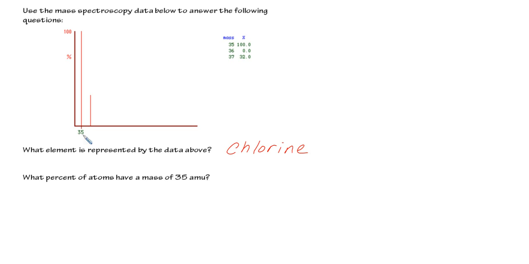Think about this as maybe like a sample of atoms. So maybe I have 100 atoms that are mass 35, and I have about 32 atoms that are mass 37. So I might say something like 100 atoms out of 132 total.